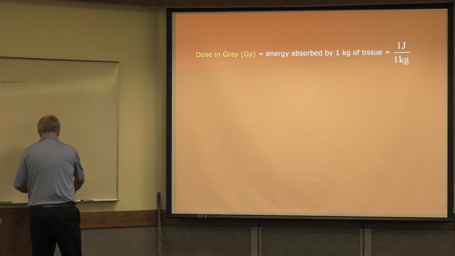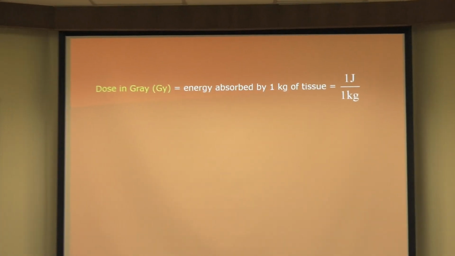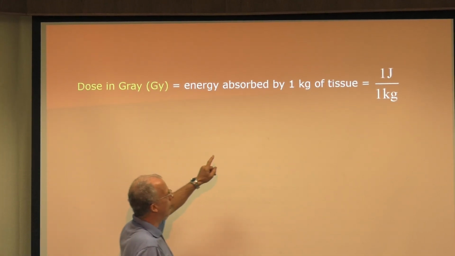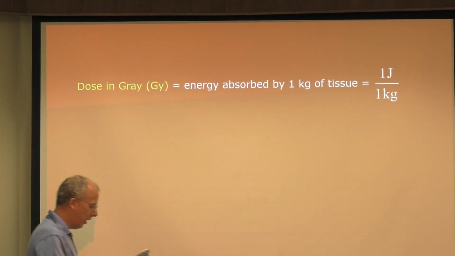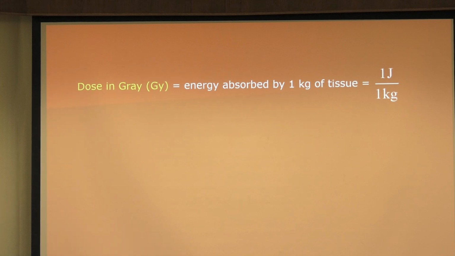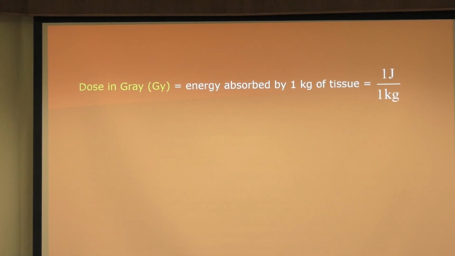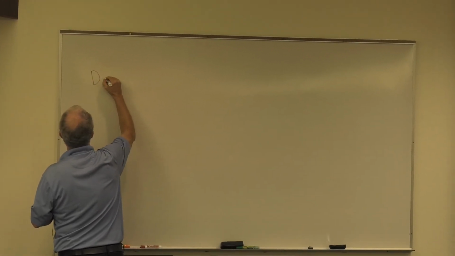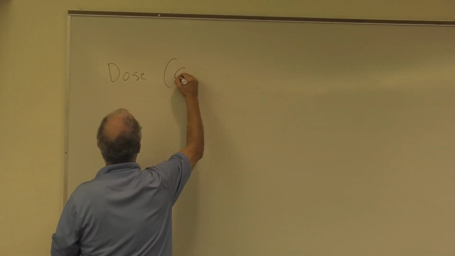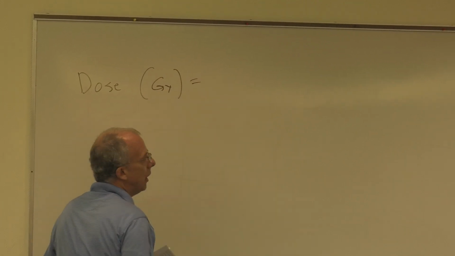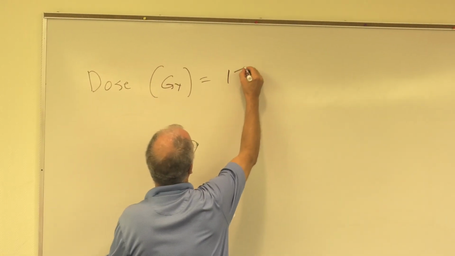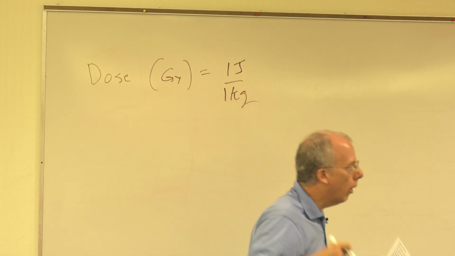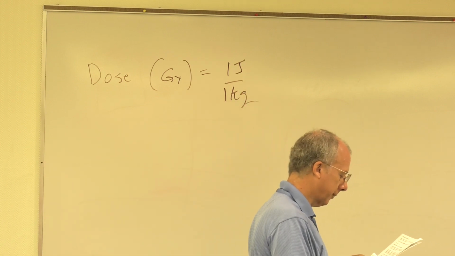The dose in gray is the energy absorbed by 1 kilogram of tissue. So the dose in gray is energy per kilogram, 1 joule per 1 kilogram.